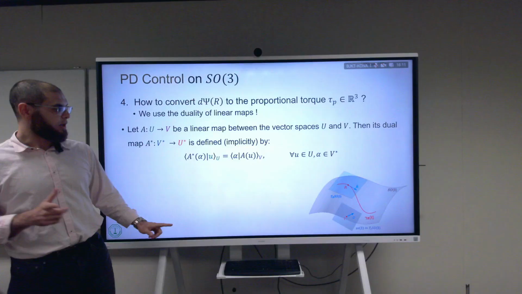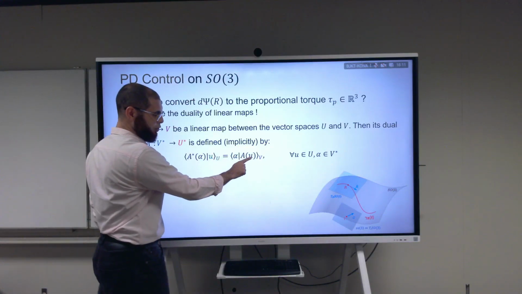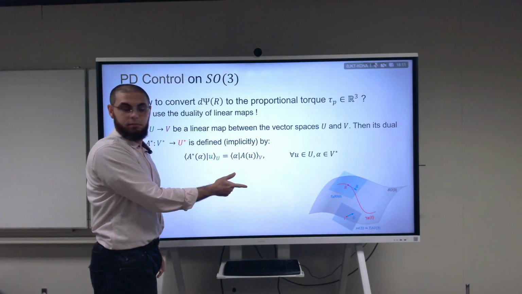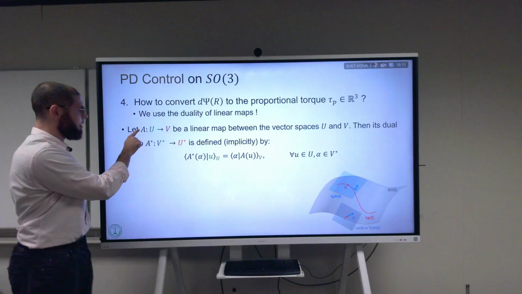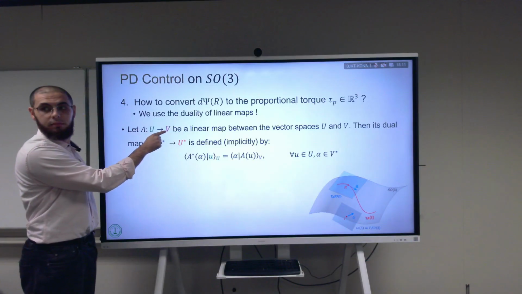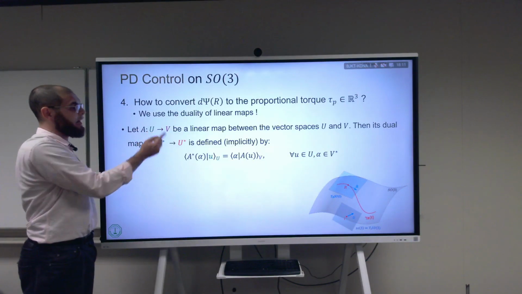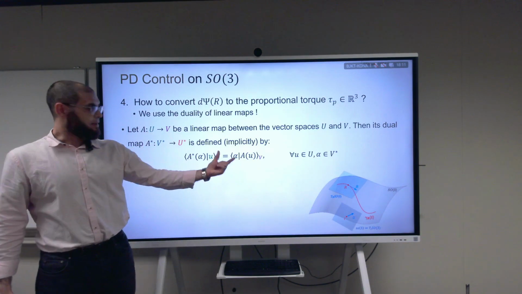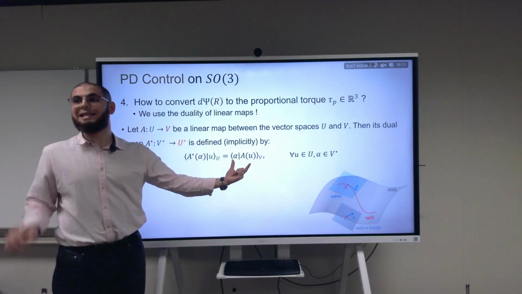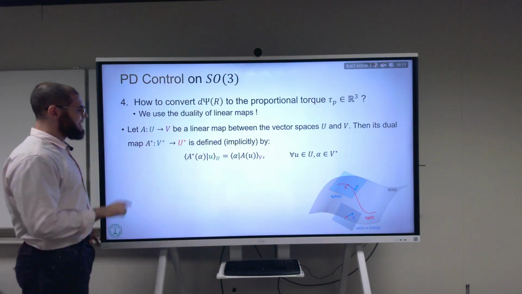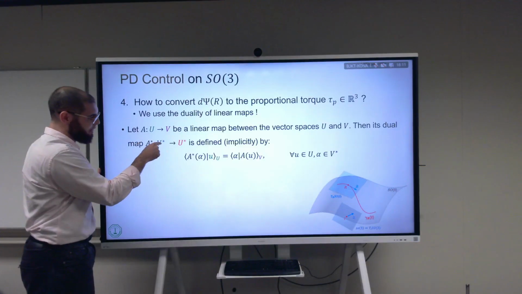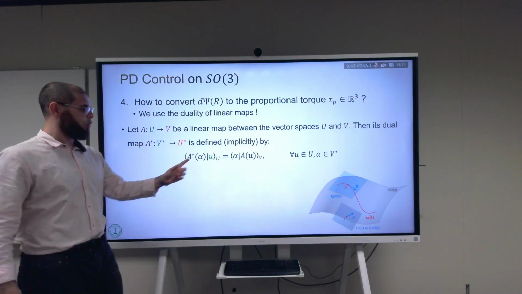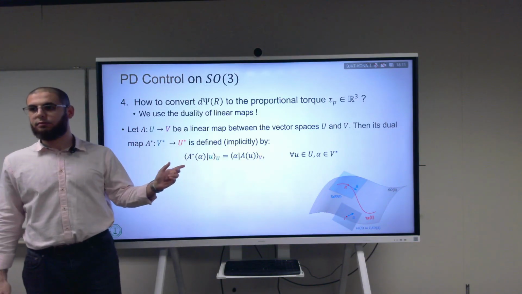So A eats a U and gives you a V. And the V, I can act on it with something in V star, that's alpha. This result, which is a scalar, is exactly the same as letting A star eat the alpha first, give you something in U star, take the result and let it eat something in U. That's exactly what you see here. Definition of it.